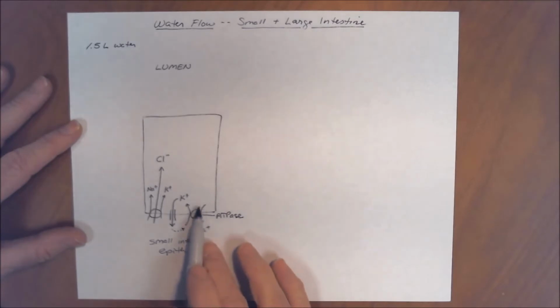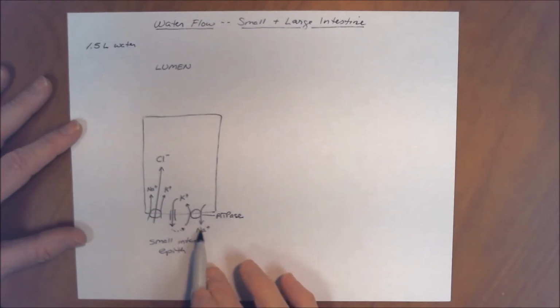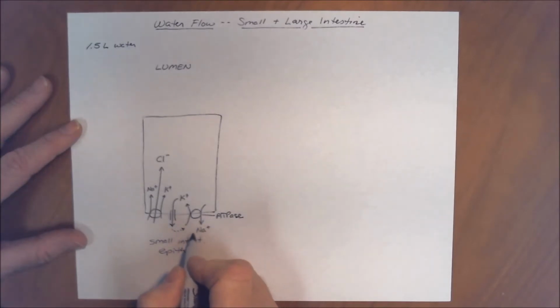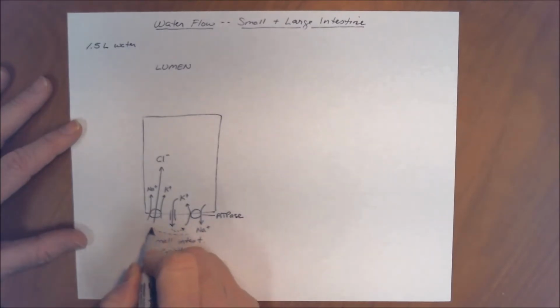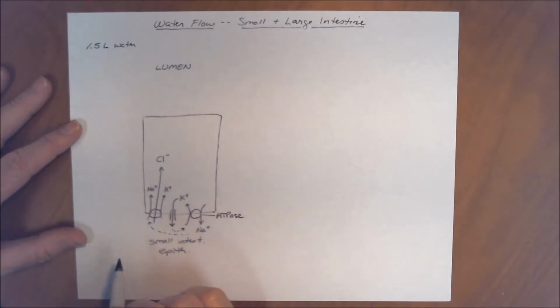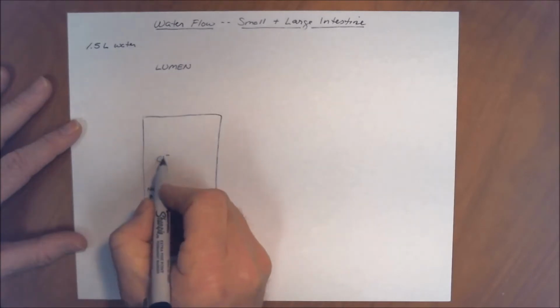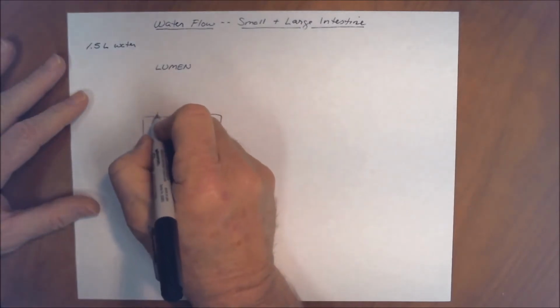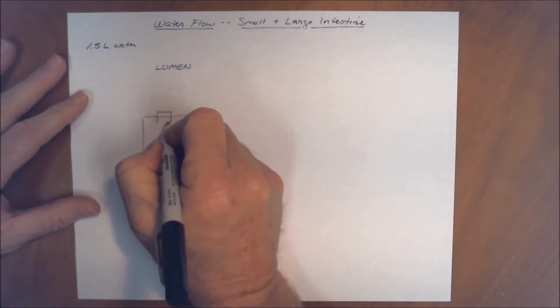So essentially the gradient of sodium we're establishing with the sodium potassium ATPase, this sodium is going to allow the driving of this tripartite pump. The importance of getting chloride ion into the cell comes when we look at the chloride channel.